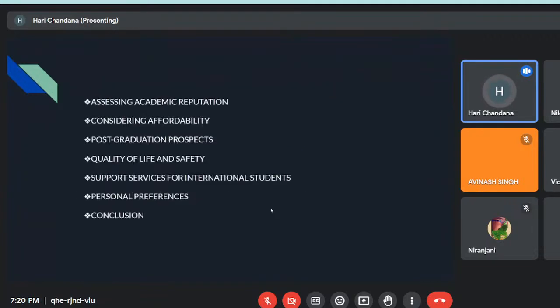Now, what do we have to consider mostly? Assessing academic reputation. Students should look for universities that have a high global ranking, accreditation, and recognition in their chosen field of study. They can consult reliable sources to compare different universities and programs based on various indicators such as academic quality, research impact, faculty reputation, student satisfaction, and employability.